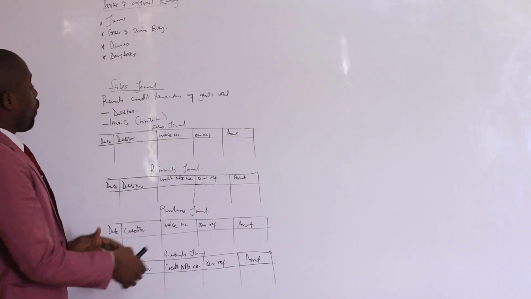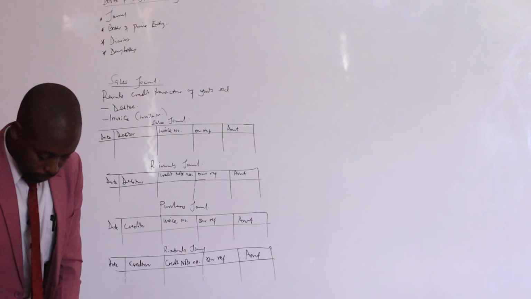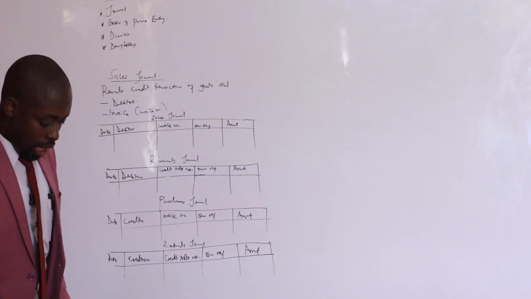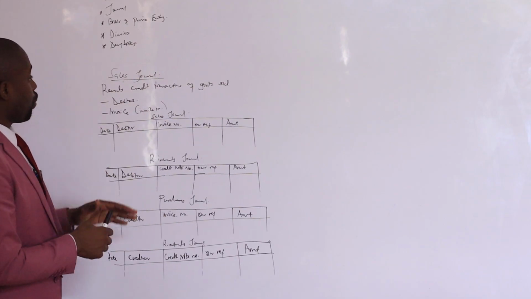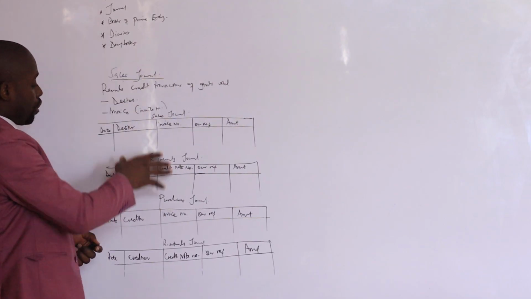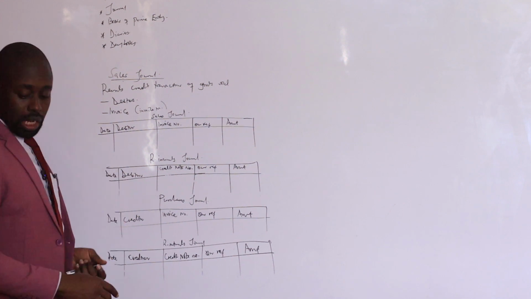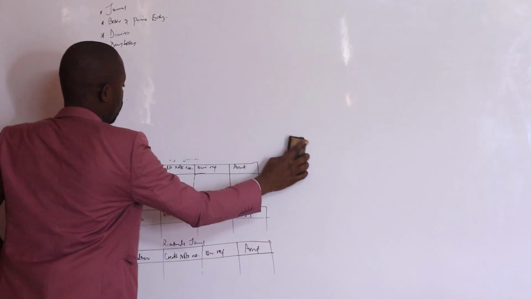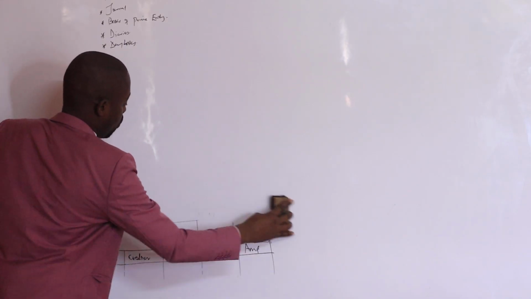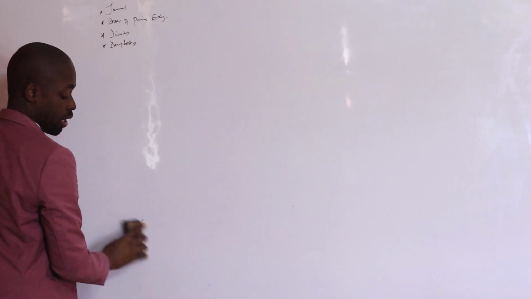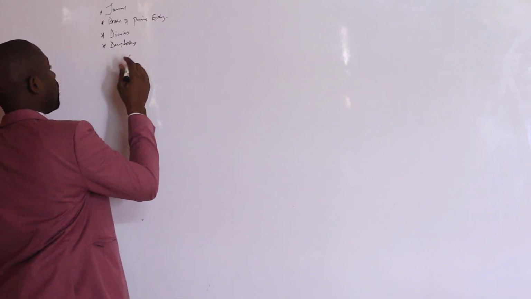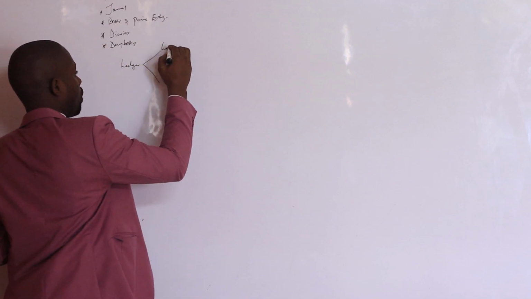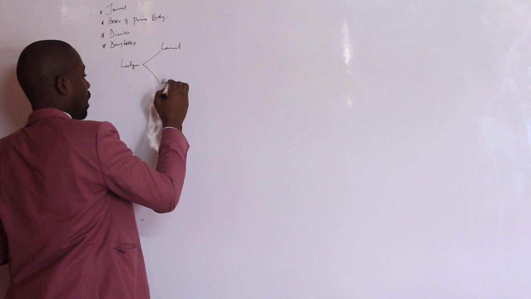So those are the first four I want to do some transactions on. I want to do some transactions, and in so doing, I want to outline the process which I had earlier talked about of recording information in journals. When I was talking about journal ledger classification, maybe I go back a little bit, then we make reference from that. I say the ledger is classified into general and subsidiary.